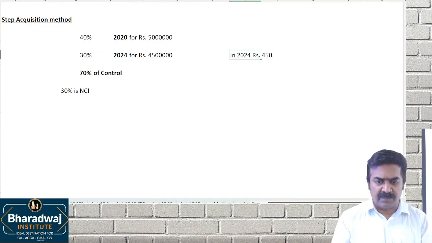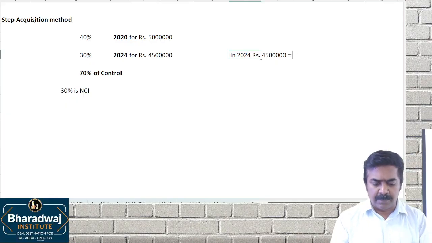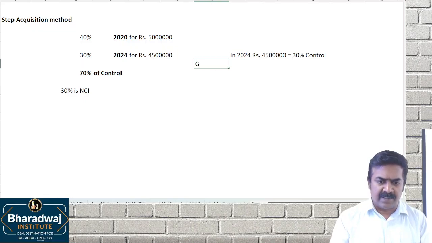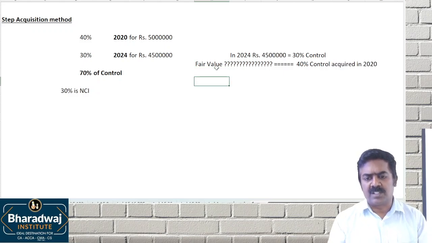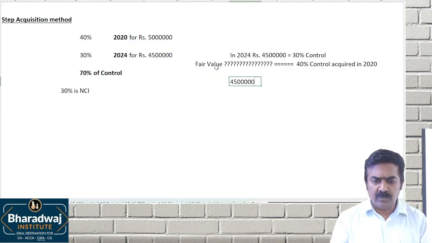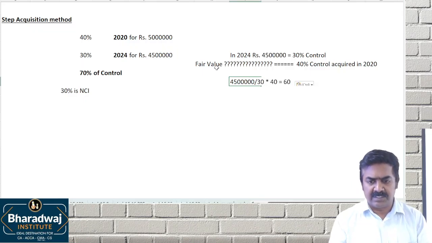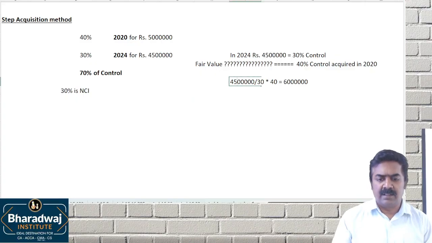If 45 lakhs is for 30% control, what is the fair value of that 40% control acquired earlier? 45 lakhs if it is for 30. What is for 40? 60 lakhs. Simple. 60 lakhs is the fair value of the previous acquisition.